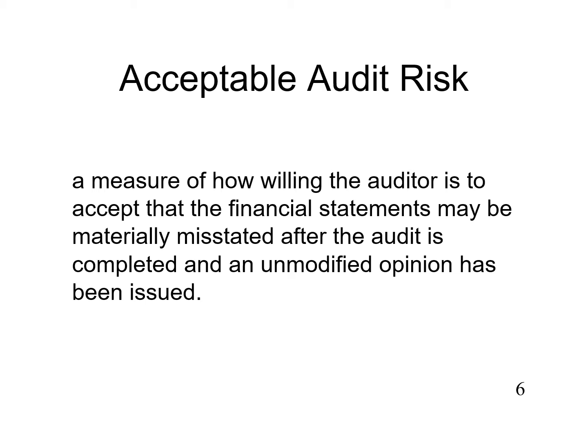Each partner has different risk aversion. So how willing is the audit partner? How willing are they to be wrong? They have to accept some risk. So acceptable audit risk is a measure of how willing the auditor is to accept the financial statements may contain a material misstatement after the audit's completed and they've issued an unmodified opinion.